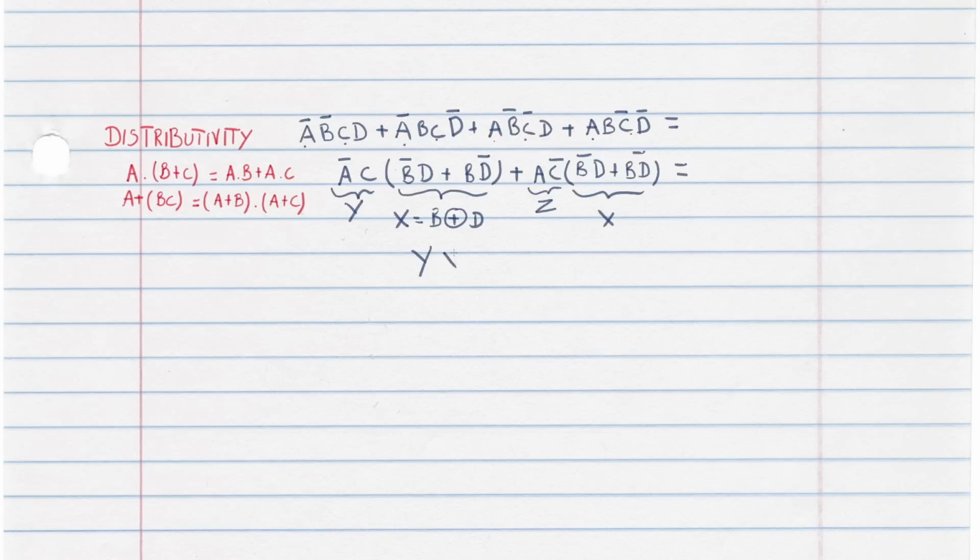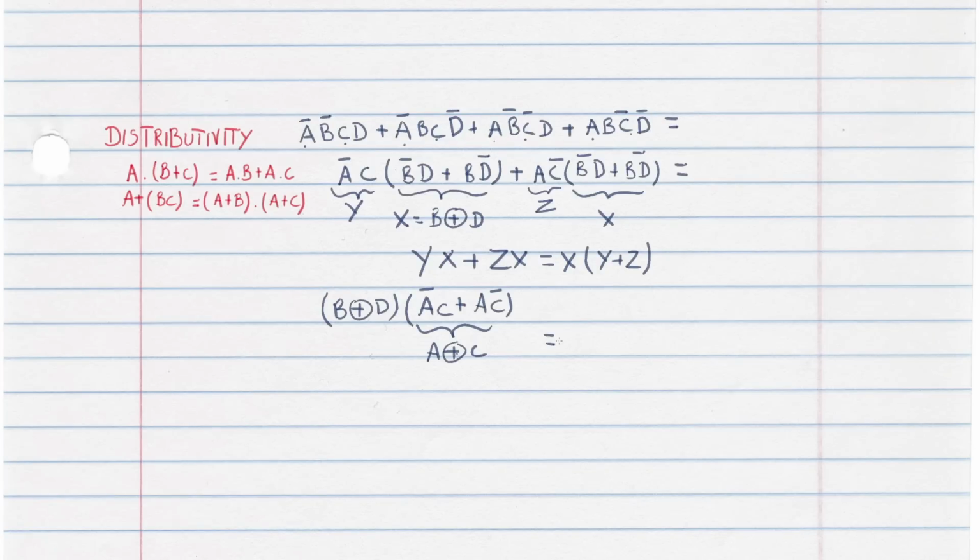Now, let's write this down. Y and X, or Z and X. We can use distributivity again to factorize by X. So we have X and Y or Z. If I write this down using the full expression, we have B XOR D, that's my X, and Y, that's my not A and C, or A and not C, that's my Z. And here you recognize another exclusive OR: we have A XOR C. And I think we're done here.